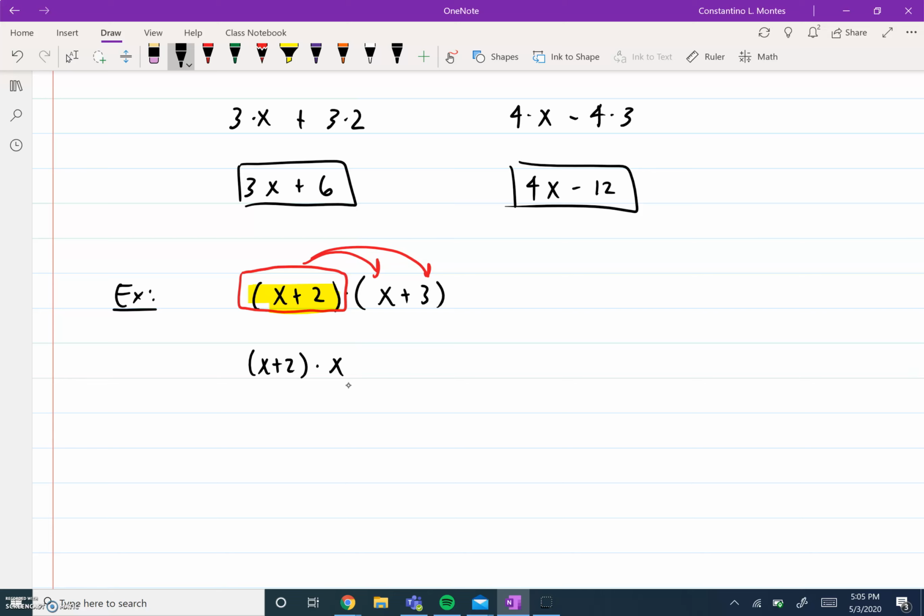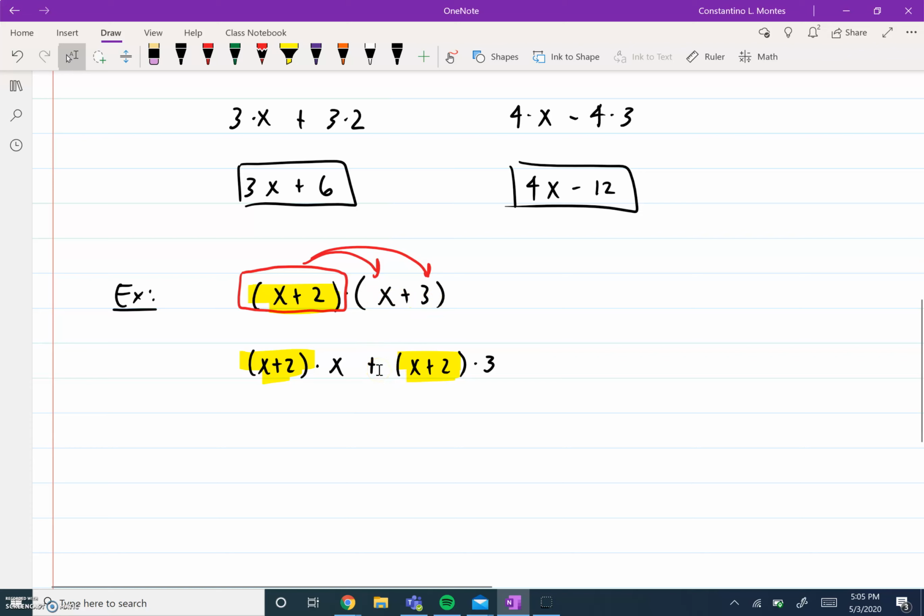Okay, and then plus, and I'm going to distribute the x plus 2 to the 3. So I'm going to end up with x plus 2 in parentheses times 3. So if I highlight this piece right here, and this piece right here, that's what was distributed. Notice that this is still x and 3, and that comes from x and 3 up here, added together.